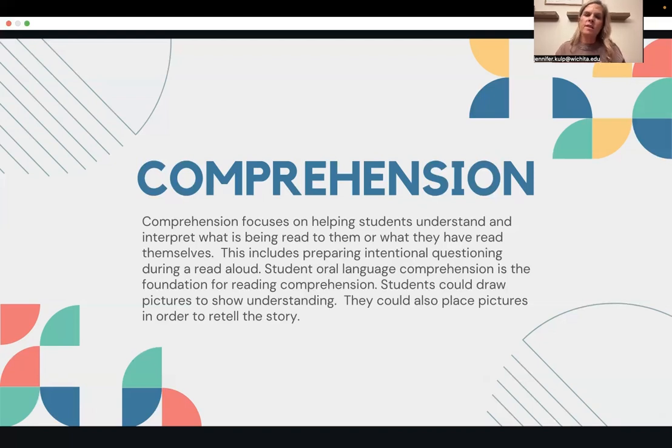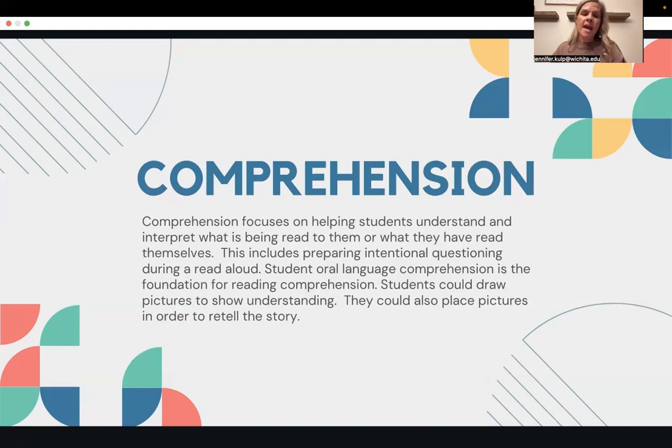Remember that. So your preschool learners, when they are telling you about the story, retelling the story, this is showing that they're understanding and comprehending what's happening. So your students might be having a conversation about the story. Your students might draw a picture to show their understanding and then tell about the picture.